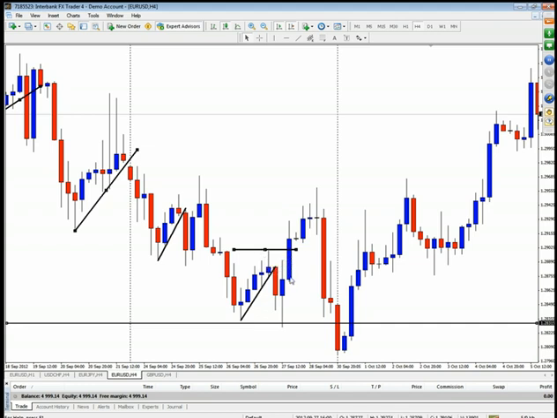Almost as quick as it turned into a bullish trend right here, we broke through the floor again with this big, huge, bearish 100 pip candle, and we changed trend again. Because we changed trend again, you might go, okay, we just went from bullish to bearish in one day.